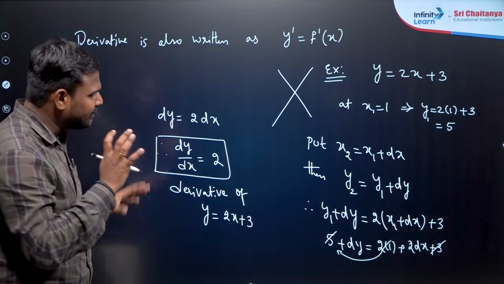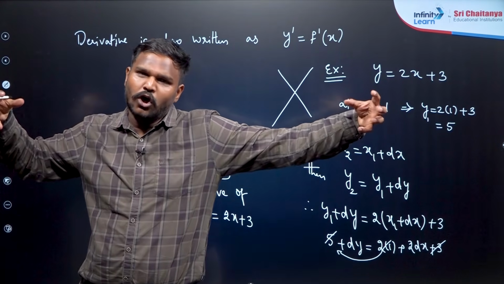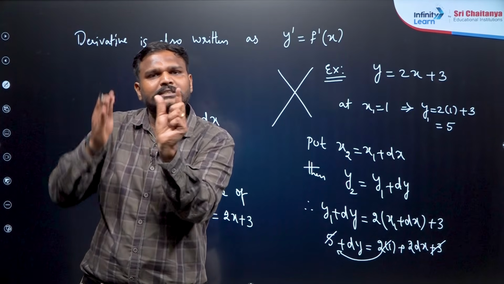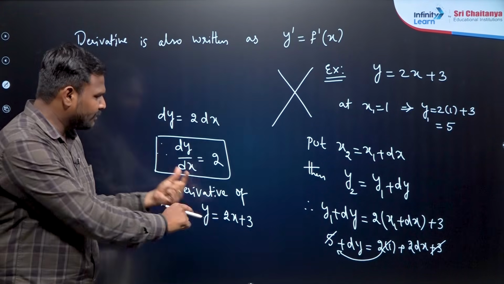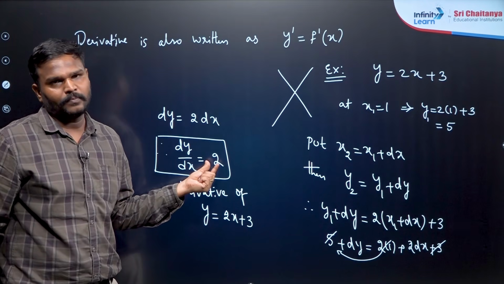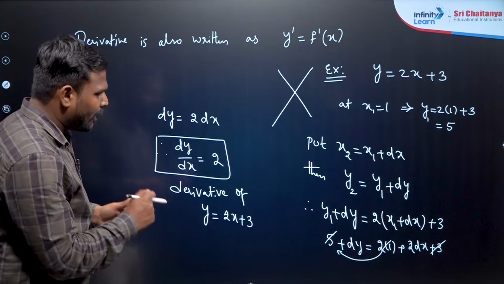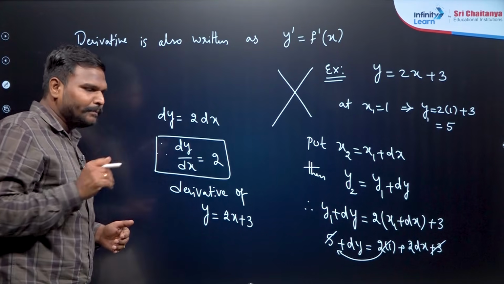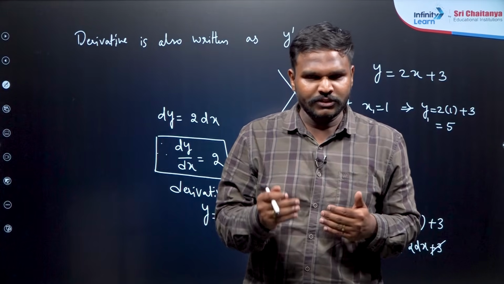Understood? This is the actual meaning. Like 2x plus 3 is the big rod we were talking about. Then the small change in y by small change in x for this question would be 2. Is that clear?